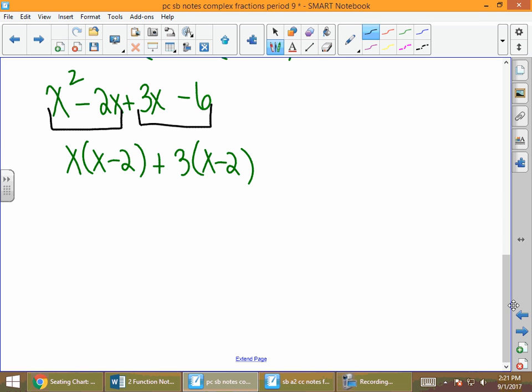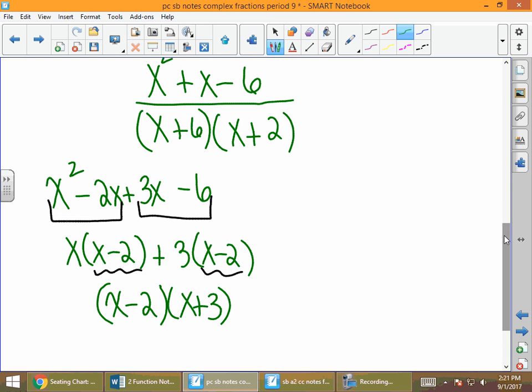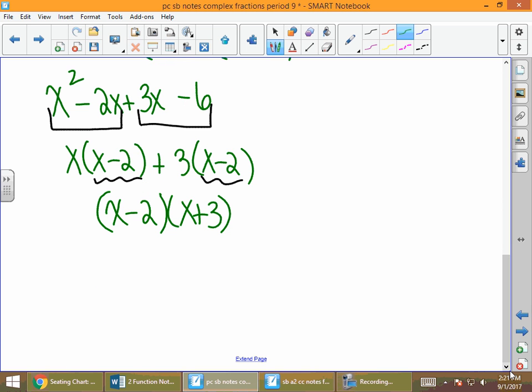And now we have x minus 2 times x plus 3. As we take a quick look there, did that help us at all? No. But we can put it back in there. So we've got x minus 2 times x plus 3.